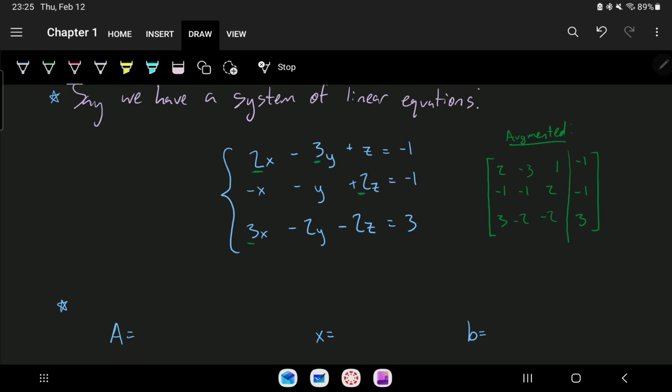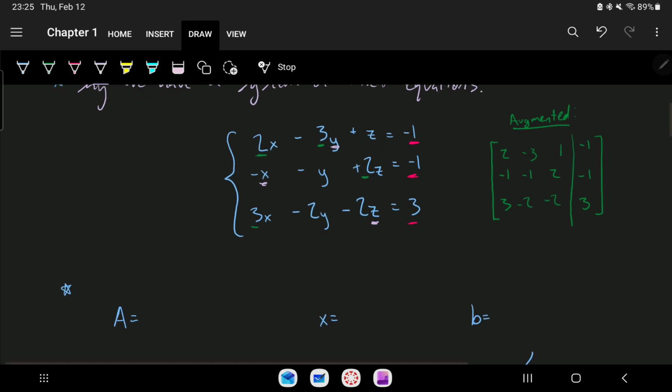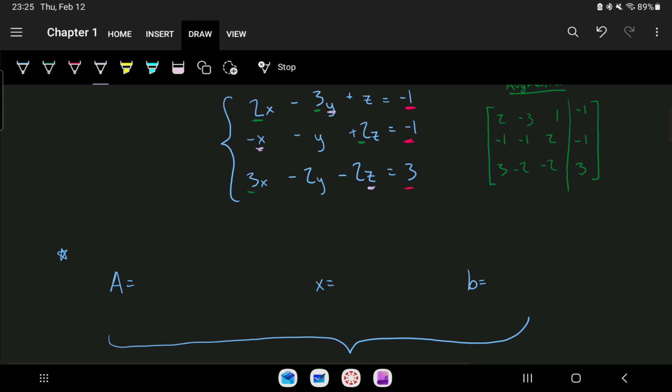Another piece is the solutions, obviously, but there's also a third piece, which are the variables themselves, these x's and y's and z's. So we're going to pull those apart and reassign them to their own special matrices.